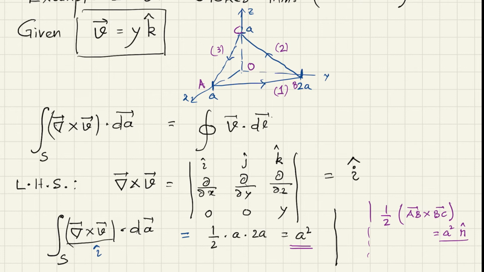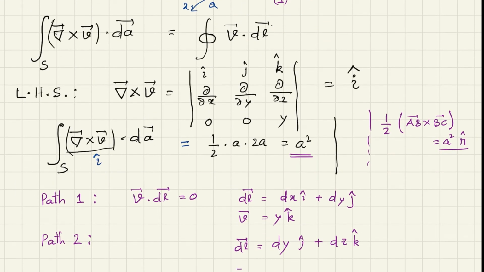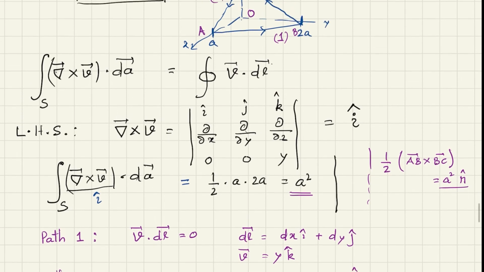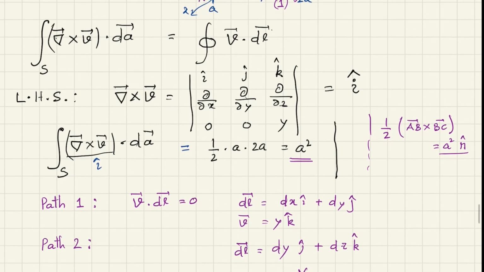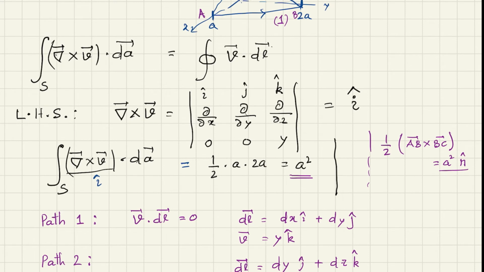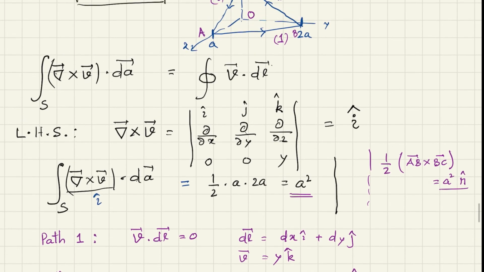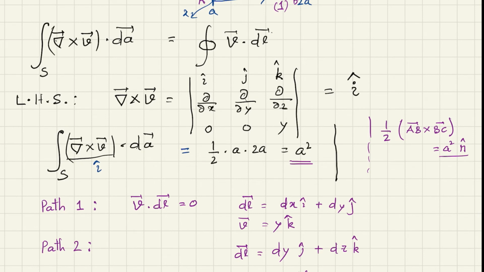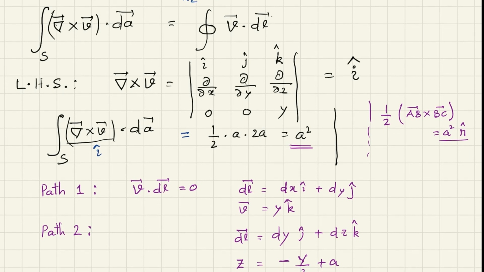This line is the BC line, z is equal to minus y by 2 plus a. Check that: if y is 0, then z is equal to a, and if z is equal to 0, then y is equal to 2a. That's correct. And in that case dz is minus dy by 2.